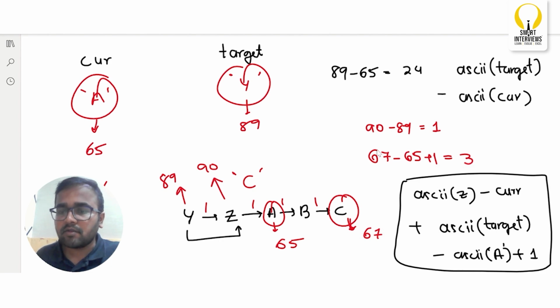So we are finding like this. So this is to reach till Z, then this is to reach from A to that particular character. Got it? We'll take these two cases.